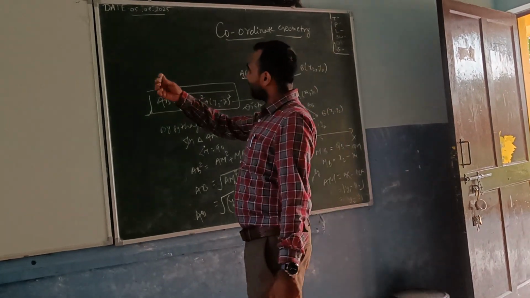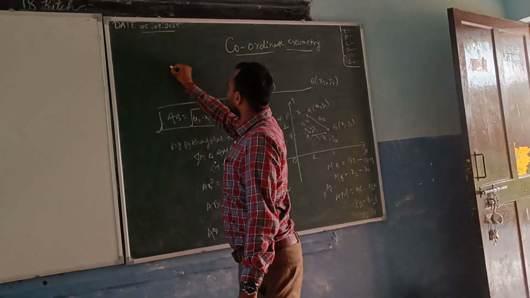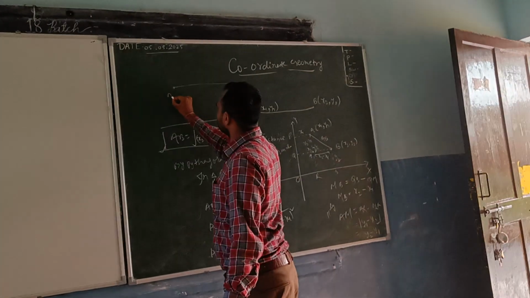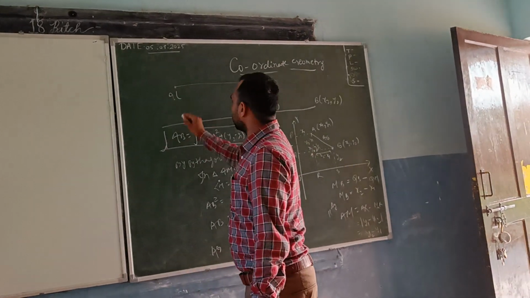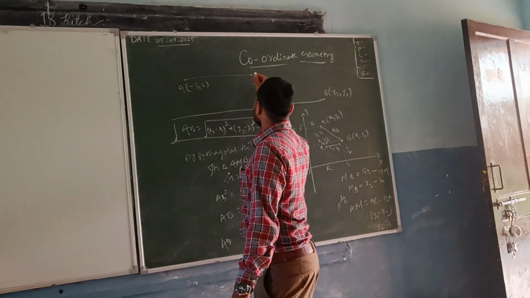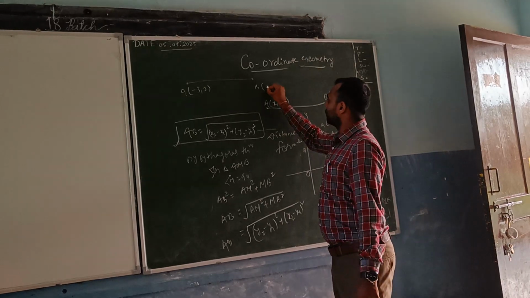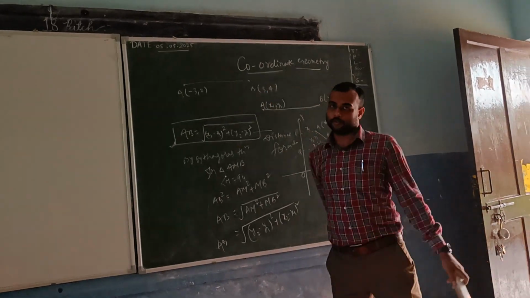Suppose you have to find the distance between two points A and B, where the coordinates of A are minus 3, 2, and the coordinates of B are 3, 4. How can we find it?